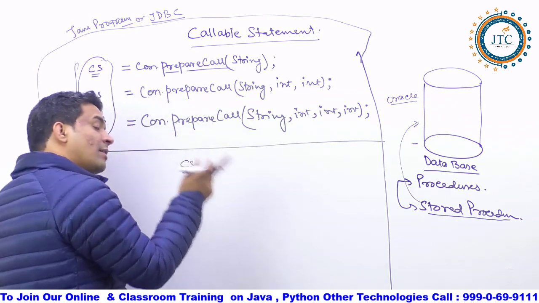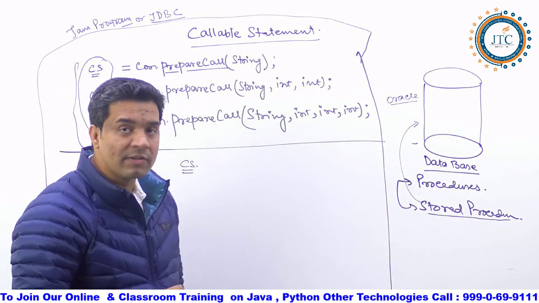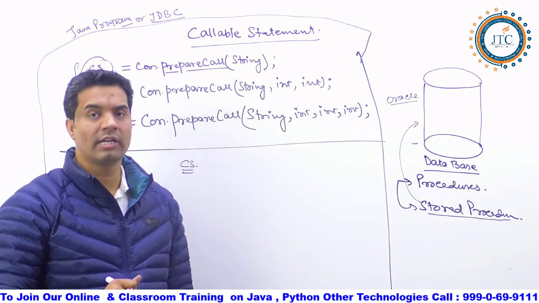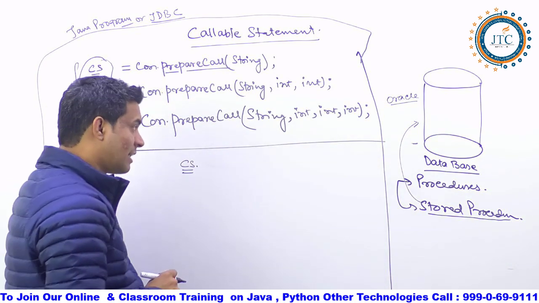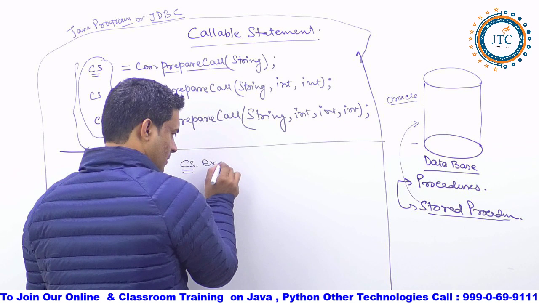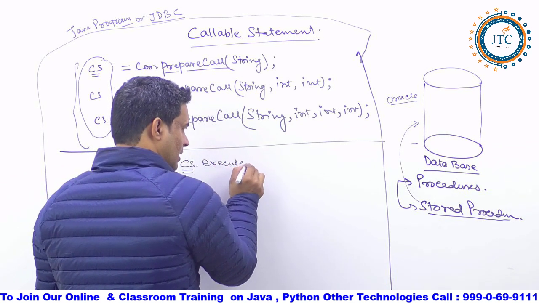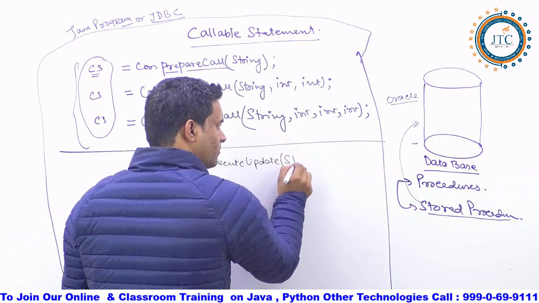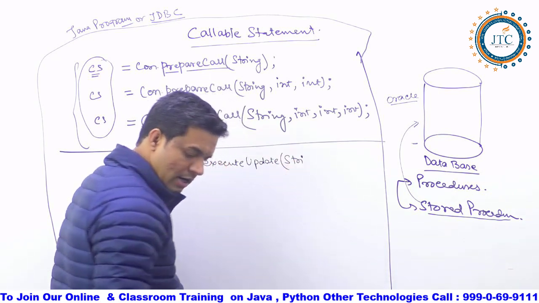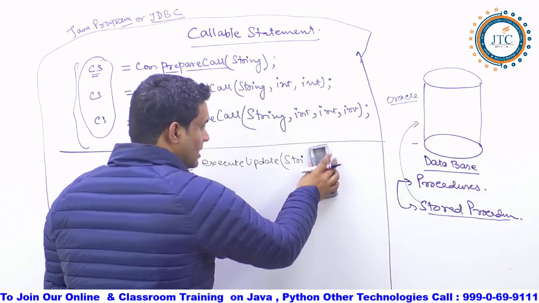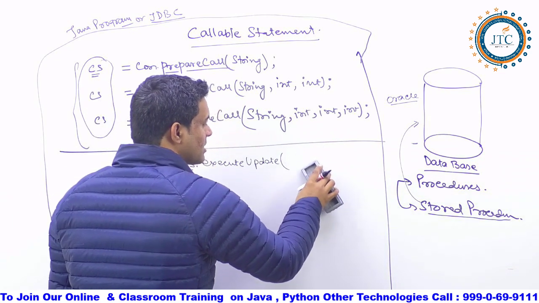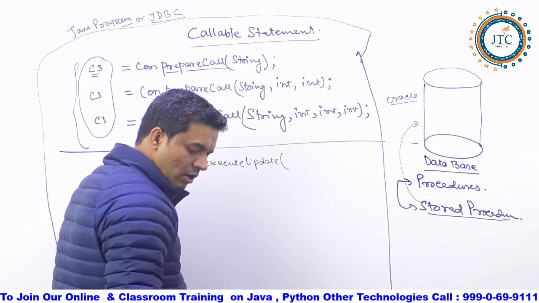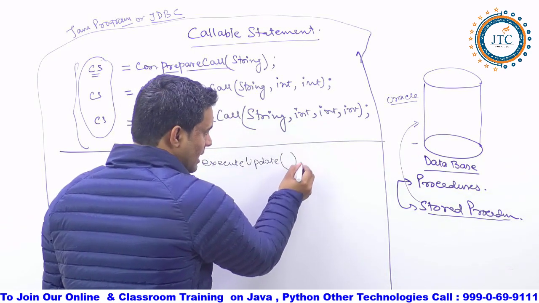Again the same three methods we were using previously to submit the query to the database: execute, update. Remember, other than the statement, we need not write any kind of parameter in these methods.